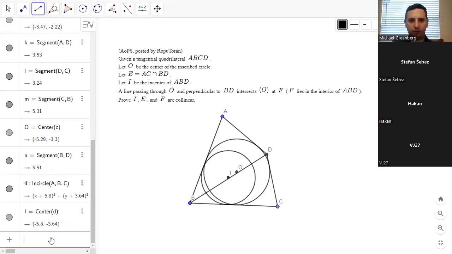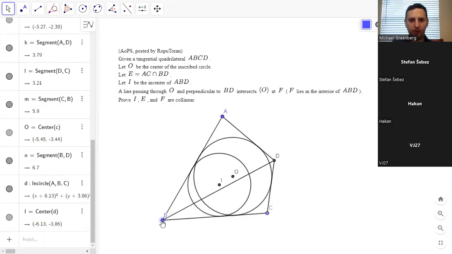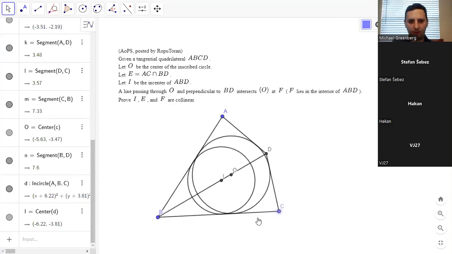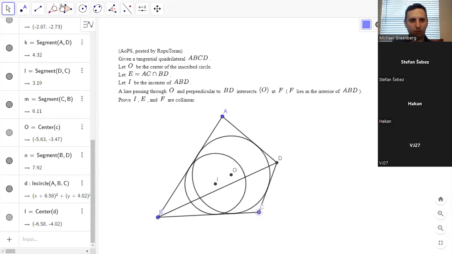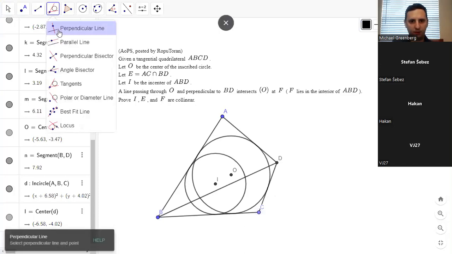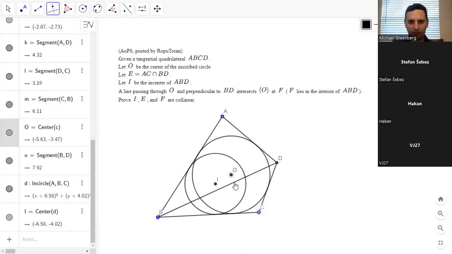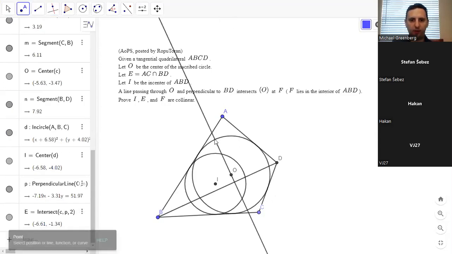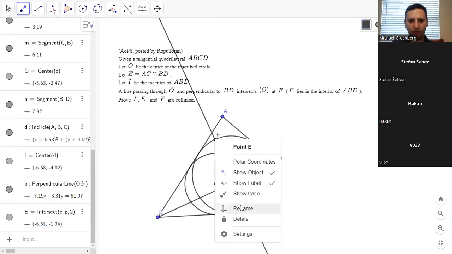There's O and I. So then we have a line passing through O and perpendicular to BD. So let's do something like that. And it intersects that circle at F, and F is in the interior of ABD.